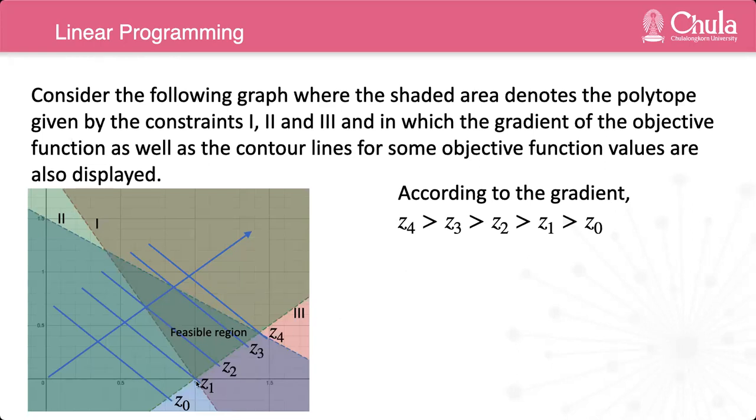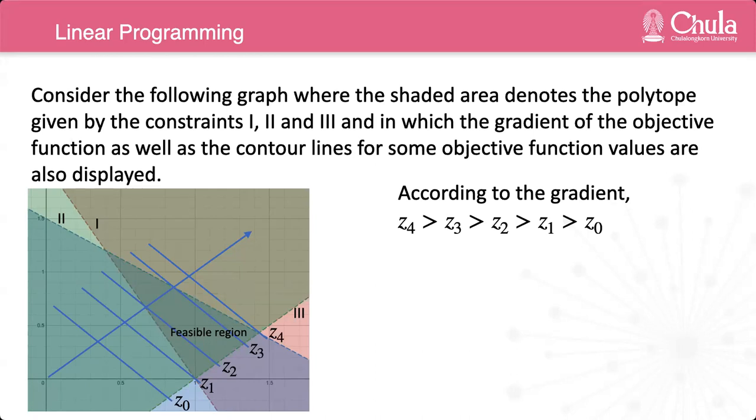The minimum point is here, this point. For this point, you see that the profit is around this, right? Imagine that this contour is perpendicular to the gradient.